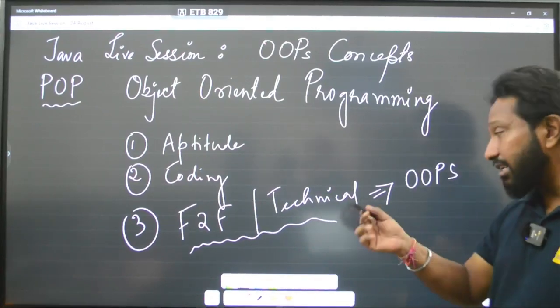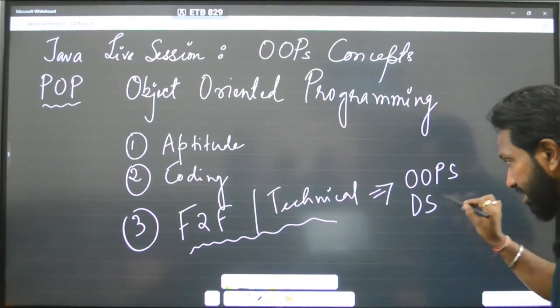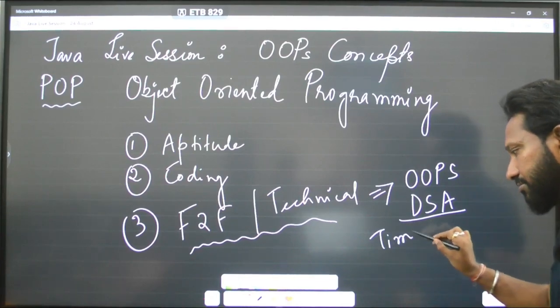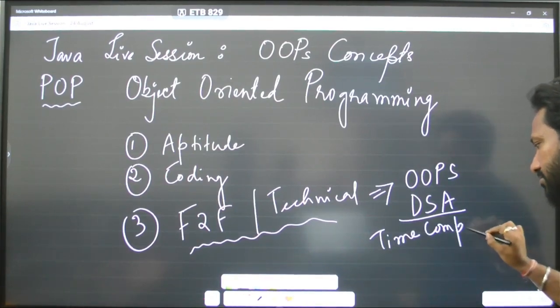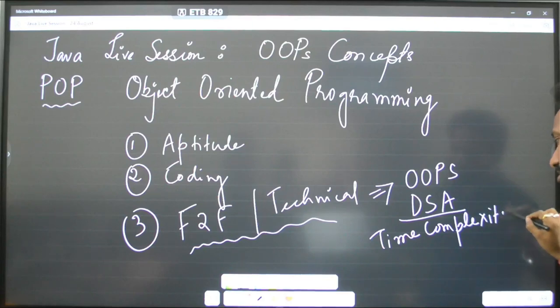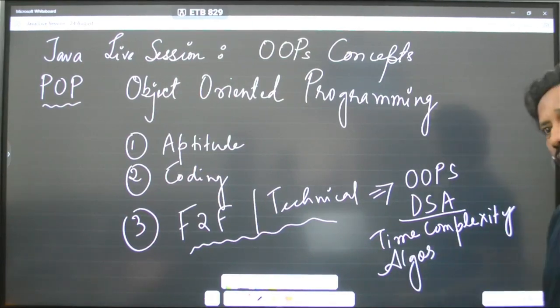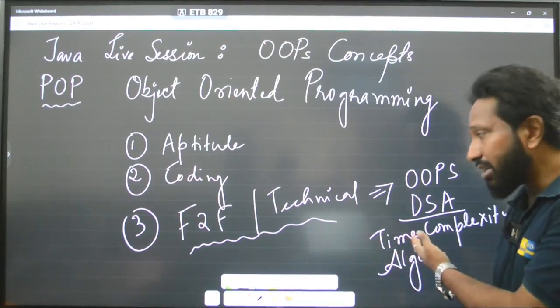Also, they are from data structures and algorithms, especially the time complexity, and they also ask you about the algos. So these are the most important things that you have to learn.